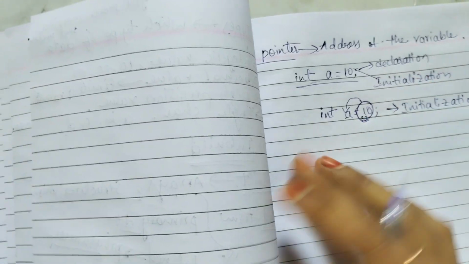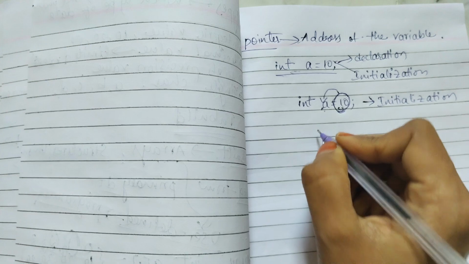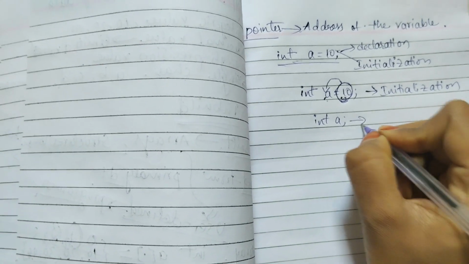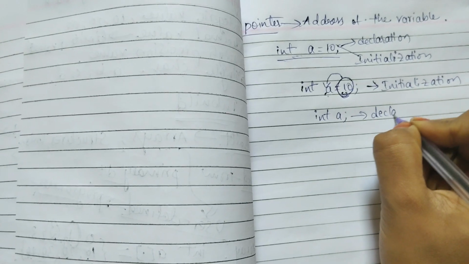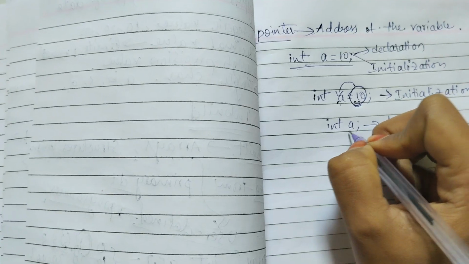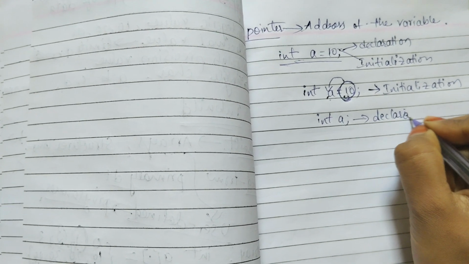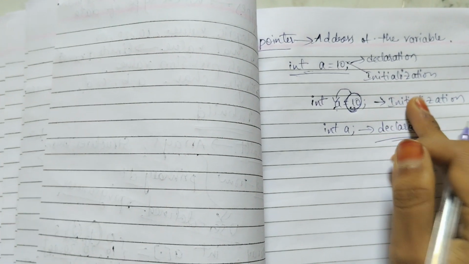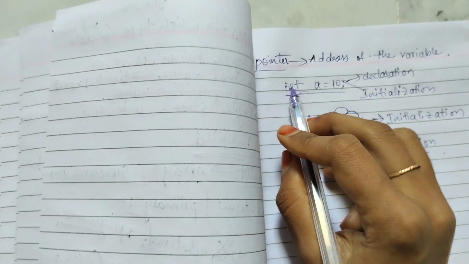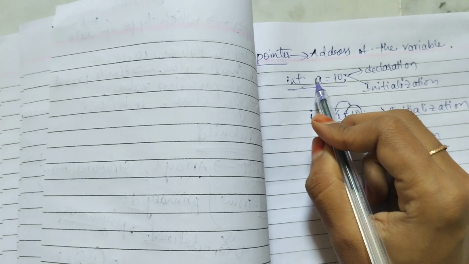That's why it is initialization. Declaration means just int a. I'm just declaring a, and I haven't initialized any value to a. That's why this is declaration. Clear with what is initialization and declaration? I have taken int a is equal to 10, so I am storing the value 10 inside the variable a.